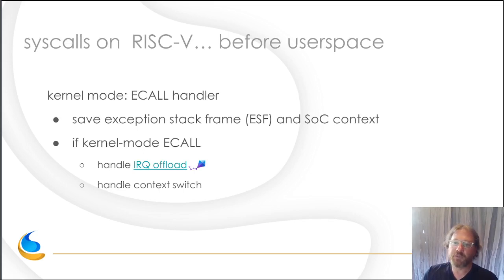So now that we can detect the current privilege mode, we get into system calls. Before we started this work, before we added privileged user mode support, the system call infrastructure was already implemented for Zephyr on RISC-V, because system calls are used even from kernel mode.